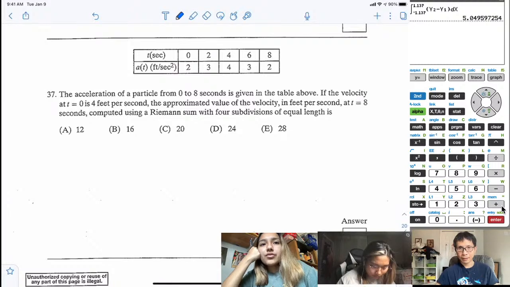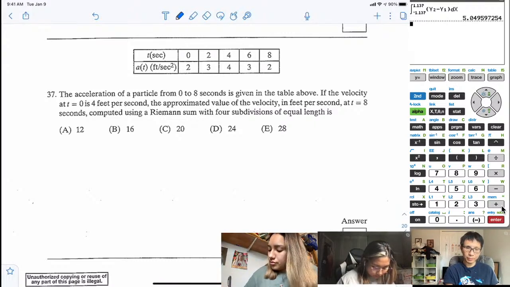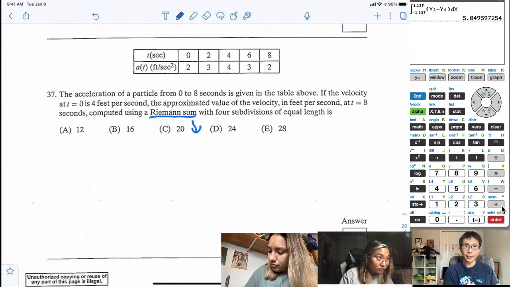We have to use a Riemann sum. But the problem is this one is a really bad question because they didn't really tell you left or right.